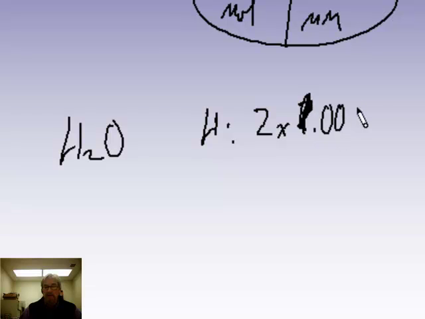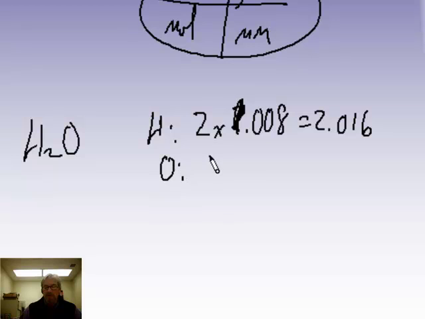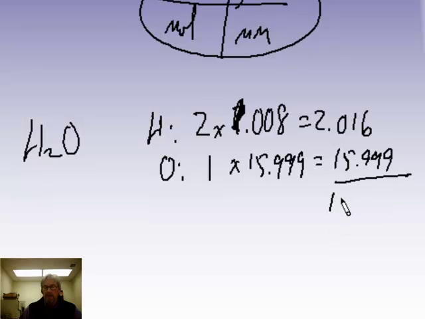So for hydrogen, I have 2 times hydrogen's molar mass, which is 1.008, so 2.016 total. For oxygen, I'll have 1 times 15.999 grams per mole, because that's oxygen's molar mass. So that comes out to just 15.999. When you add these up, you get 18.015 grams for every mole of water.